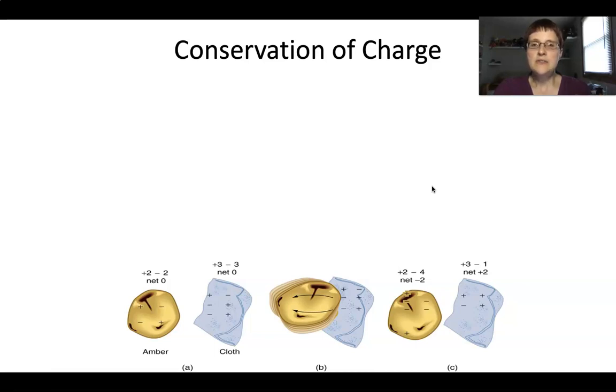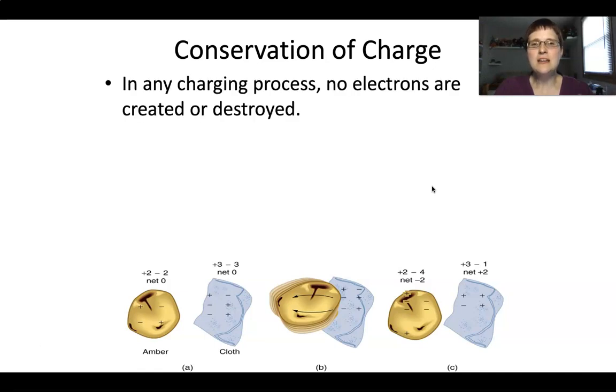Conservation of charge is related to how we can get charges to move from one object to another. Conservation of charge is just going to say that in any charging process, when electrons are moving from one place to another, they're not created or destroyed.